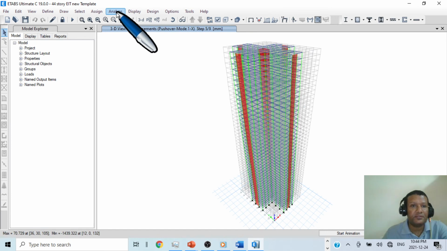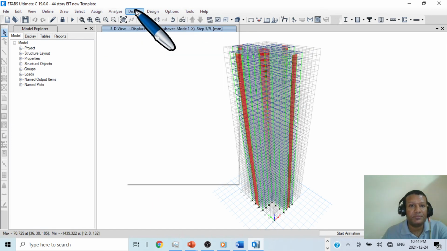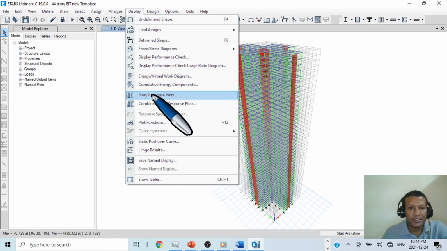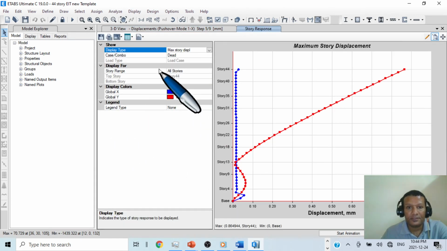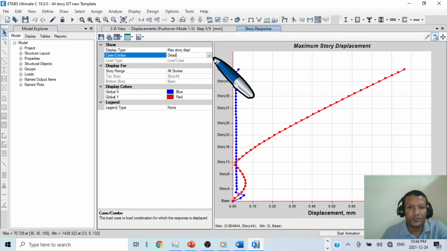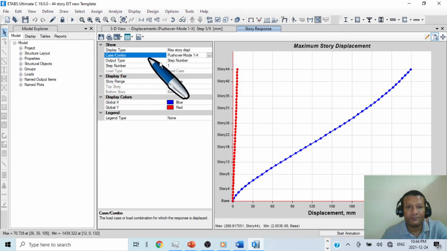Okay, before that let me show you another result. For example, display, then you can see story responses. Then you will choose, for example, push X. For push X, you can see step number 1. This is step number 1, output type.